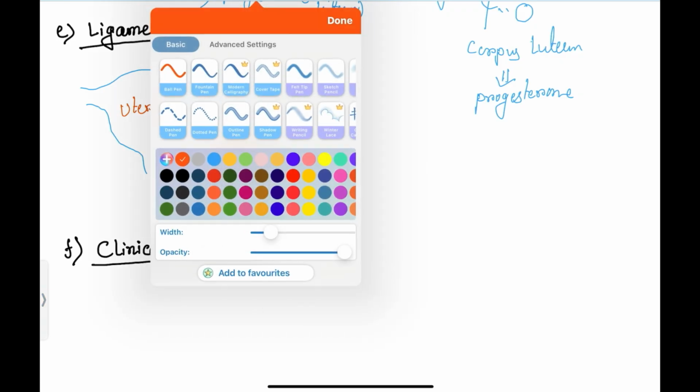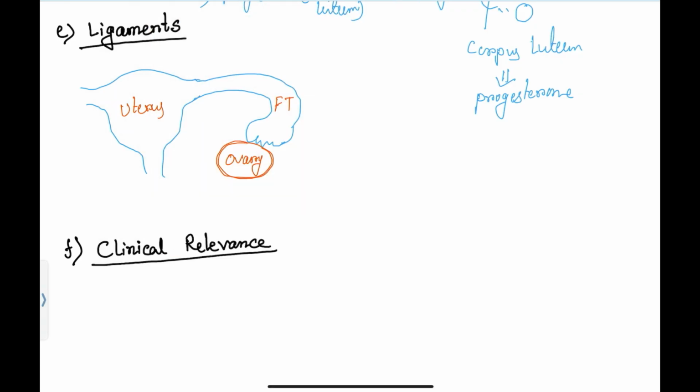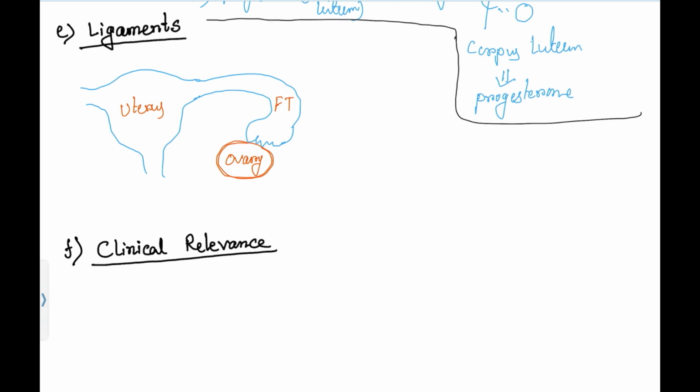Now the ovary has various kinds of ligaments. First of all, there is the ovarian ligament. This ovarian ligament connects the ovary with the uterus. So your first ligament is the ovarian ligament. It connects ovary with uterus.